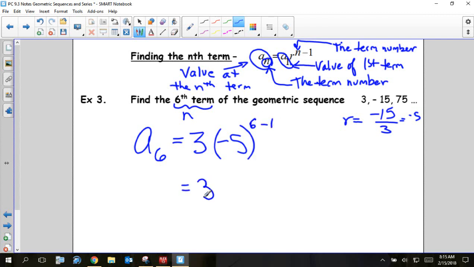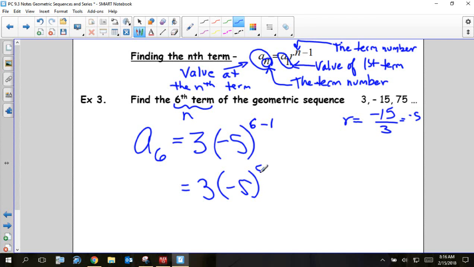So we'll simplify that. 3 multiplied by negative 5 to the 5th. Would I expect you to do negative 5 to the 5th by hand? Probably not. So go ahead and type that in your calculator correctly.